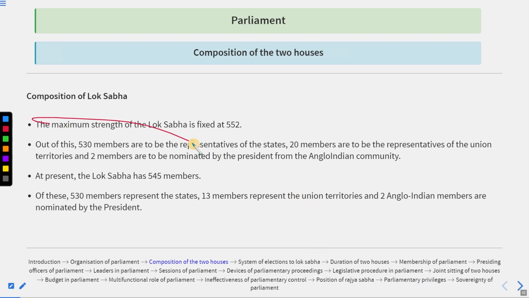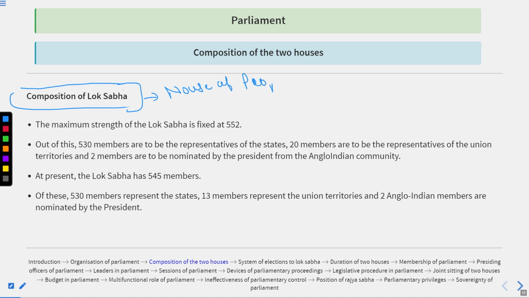Thereafter, if we talk about the composition of the Lok Sabha, which is the House of the People and the lower house, the maximum strength of the Lok Sabha is fixed at 552.